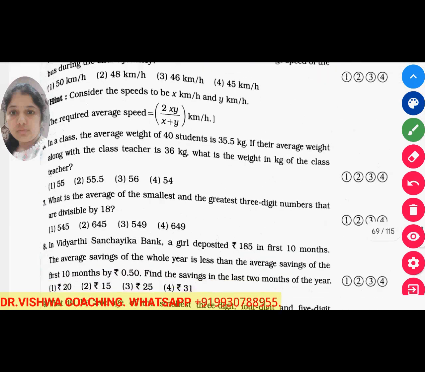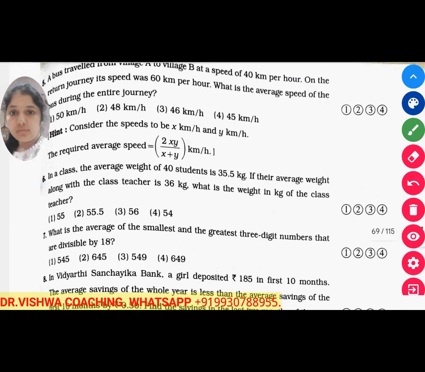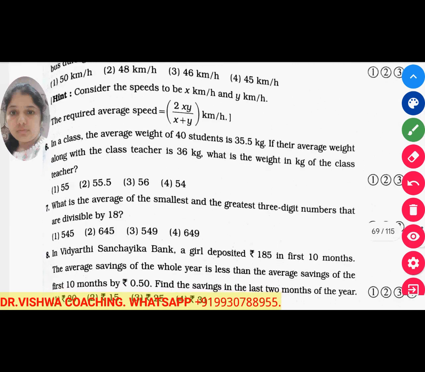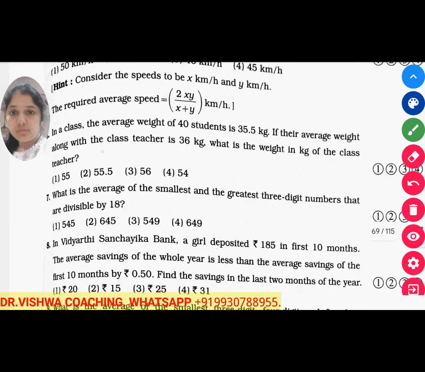Now some of the sums I am leaving for your homework, and the next is average weight of 40 students is 35.5 kg. If their average weight along with the class teacher is 36, what is the weight in kg of the class teacher?